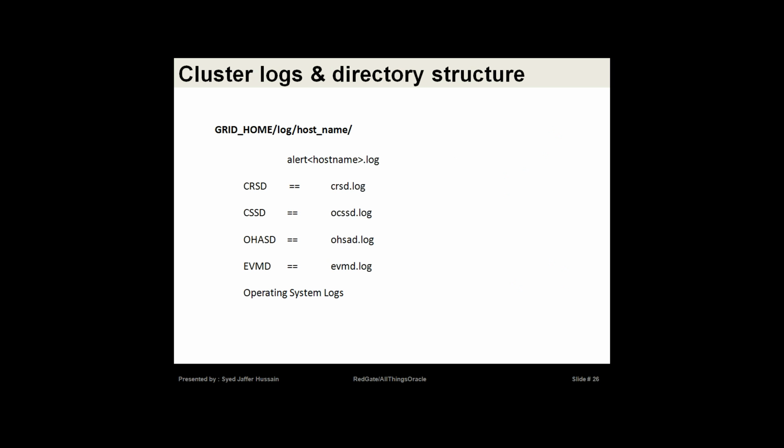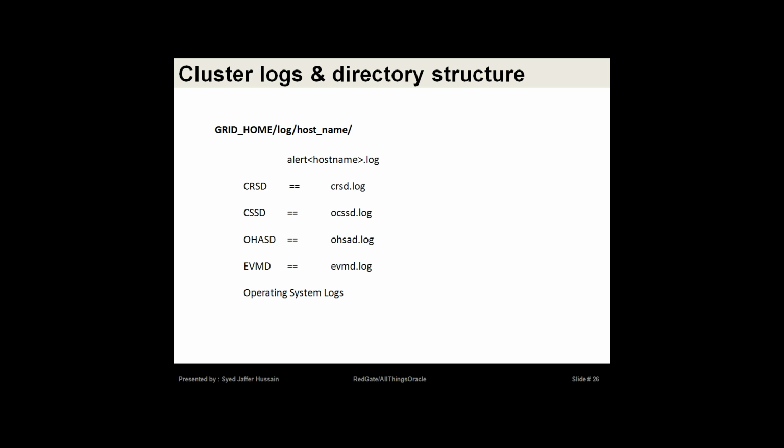It is also very important as a DBA to understand the logs, which logs to review and examine in case you have some problems, and you have to be proactive all the time in that context. You have to be reviewing the log files produced by the individual daemon processes.